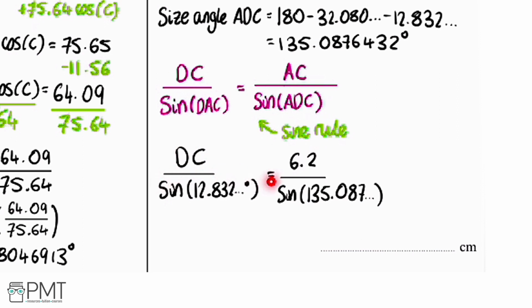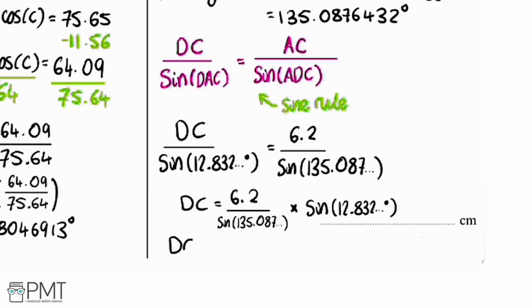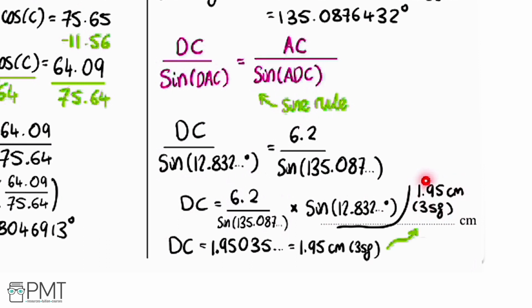So if we multiply both sides by sine of 12.832 we'll get the length DC, which is what we want to work out, equals this on the right hand side. And if we just pop it into the calculator, we get that the length DC equals 1.95035 And our final step is, because it said it wants it in 3 significant figures, we're going to get 1.95 centimetres to 3 significant figures, if I can just about fit it in the answer box there.